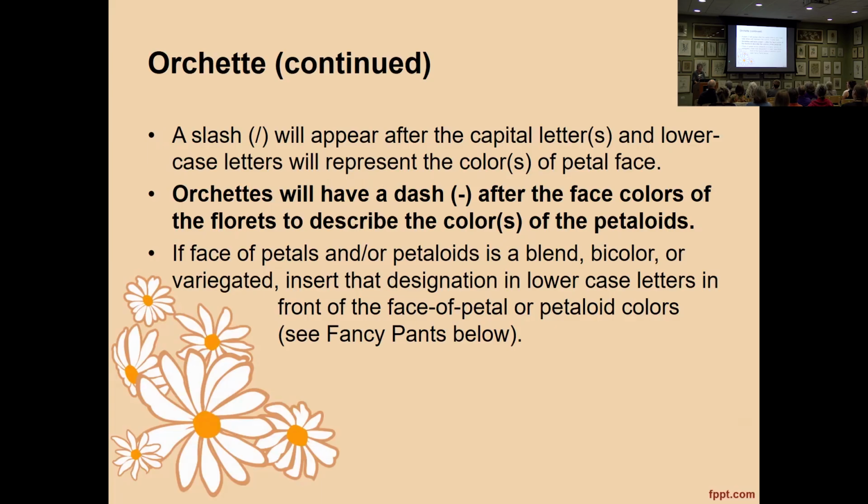Orchids will have a dash after the face colors of the florets to describe the colors of the petaloids. If the face of the petals and/or petaloids is a blend, bicolor, or variegated, insert that designation in lowercase in front of the face or petaloid colors.